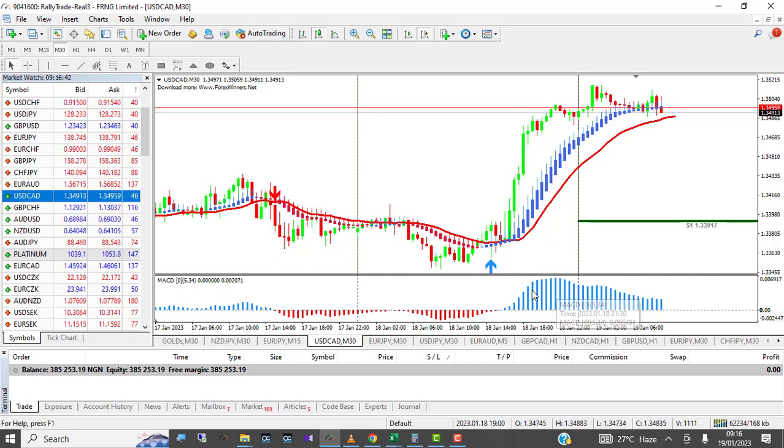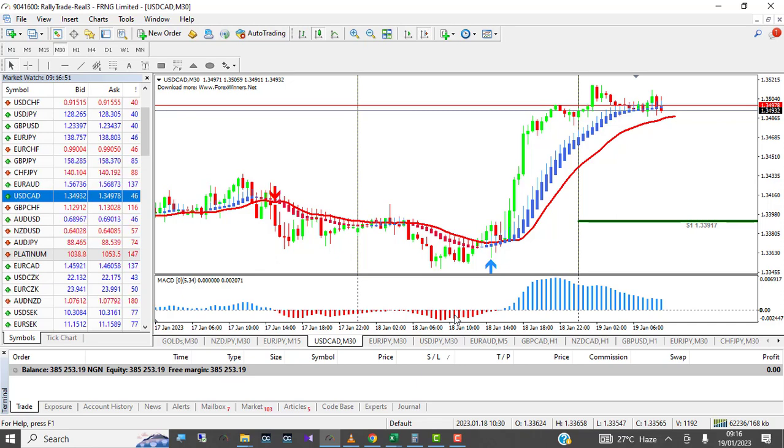Below the zero line we have bars also called histogram in red. If the bars are blue above the zero line, it indicates a bullish momentum. If the bars are red and below the zero line, it indicates a bearish momentum.